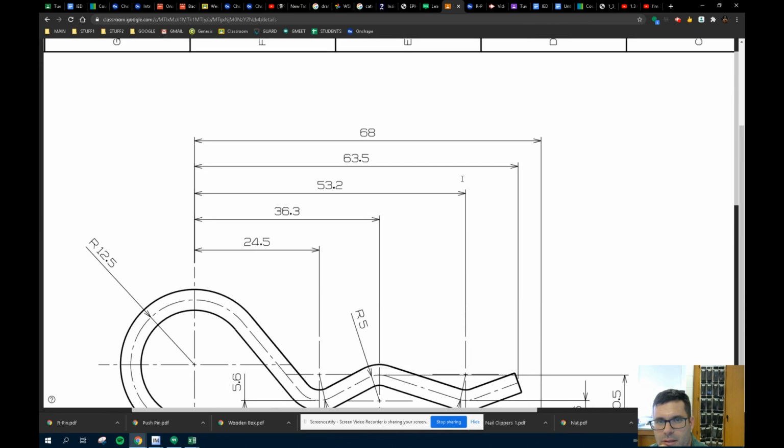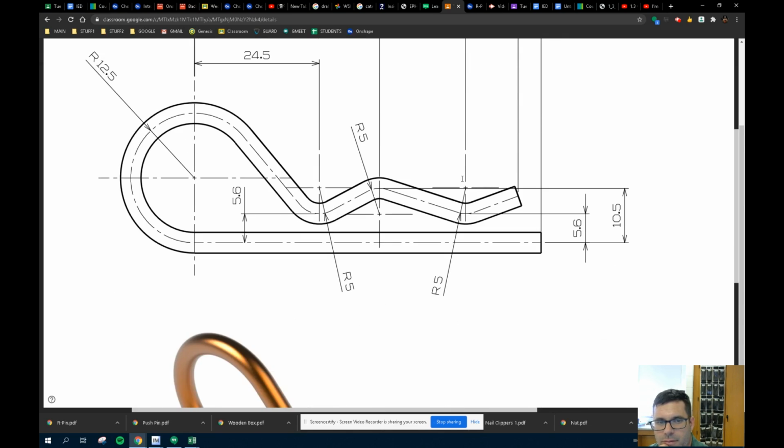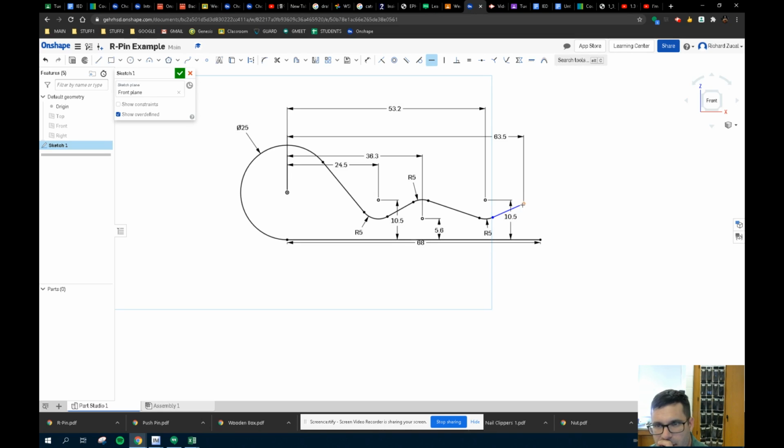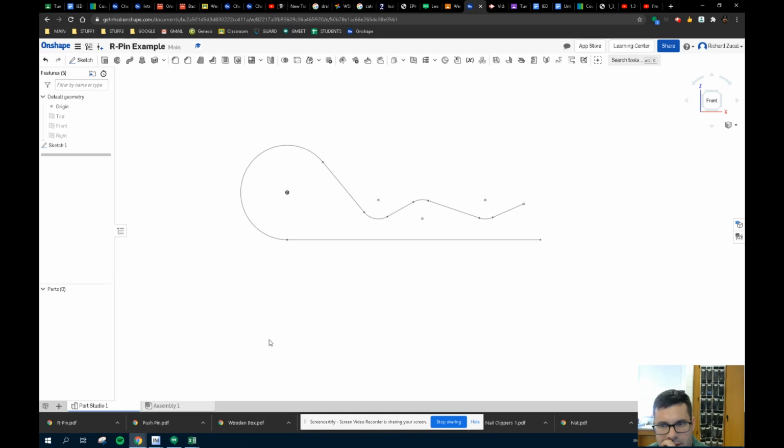That is a reference to that. No, no, no. Well, we're going to add something in there so it's fully constrained. I don't know what I just did because I thought I was in dimension, but I was in trim. Now it's good. Finish the sketch.